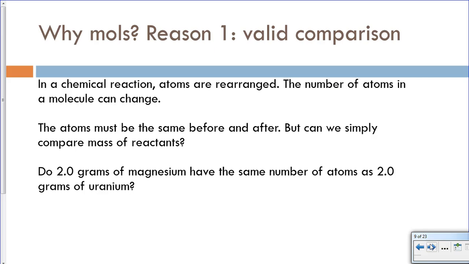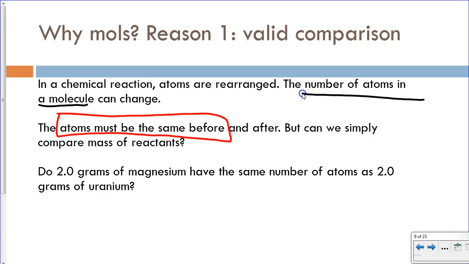So, chemical reactions, why are we going to do this? Well, when we've done balancing, we always looked at the number of atoms in a molecule having the ability to change. We're building new molecules. However, conservation of mass says atoms must be the same before and after. So for reactions, if we want to compare masses, masses aren't always valid.